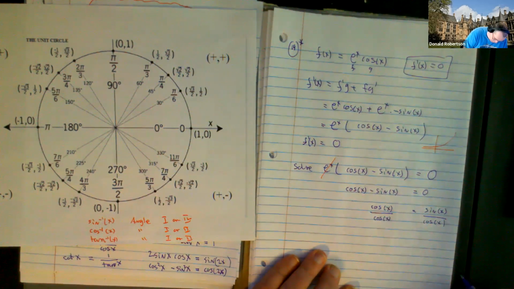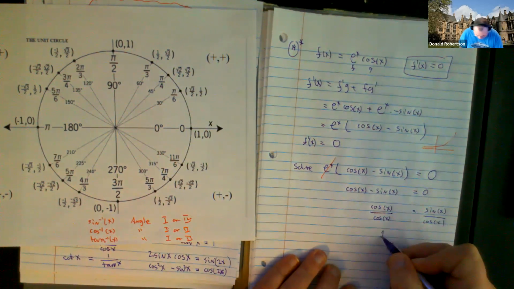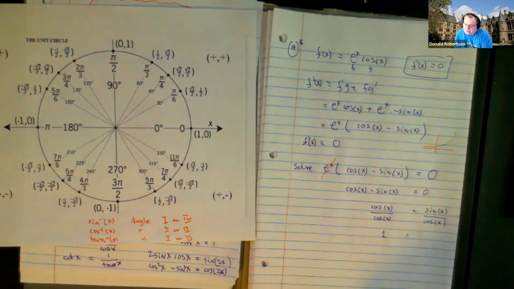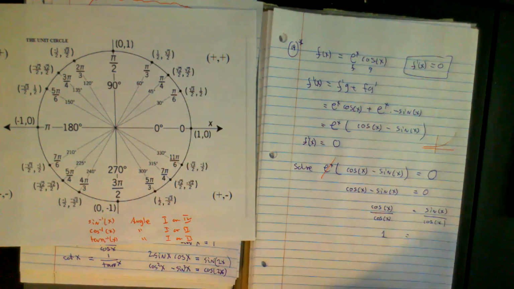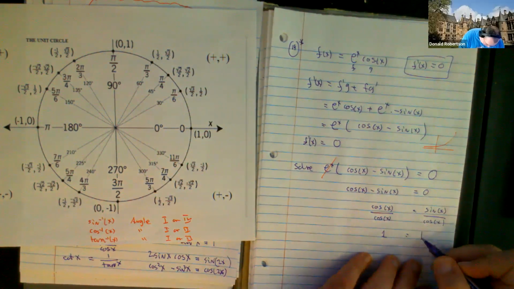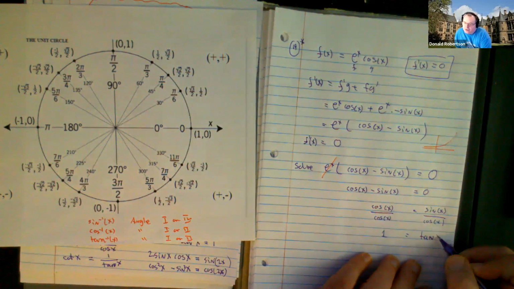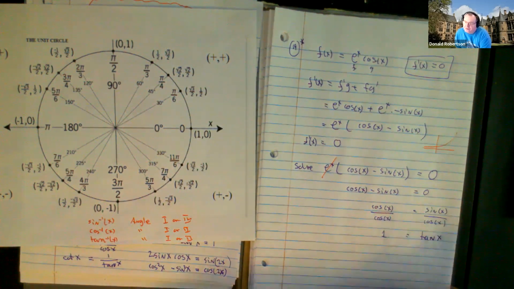That is going to be 1. And what's sine x over cosine x? Tangent. So what I've managed to do here is turn it into a trig equation where there's only one trig function, in this case the tangent.